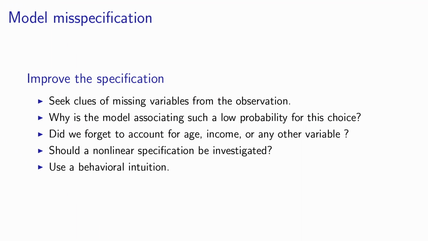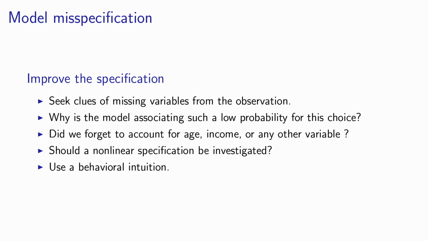Or maybe it belongs to an age category or an income category where the behavior is different, and we may want to account for this heterogeneity. Sometimes you can also say, oh, but maybe a nonlinear specification would be useful. And this is where you use your behavioral intuition.